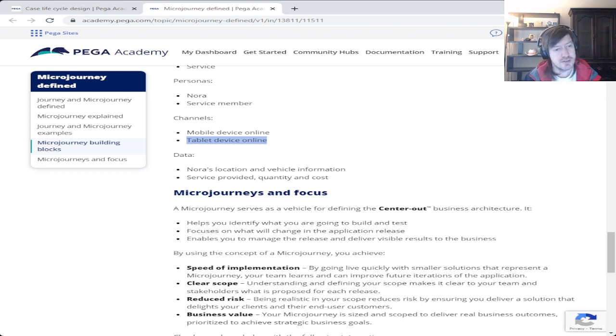Data, noise location, and vehicle information, service provided, quantity? Quantity? For what? Why do you need quantity here? What the hell?